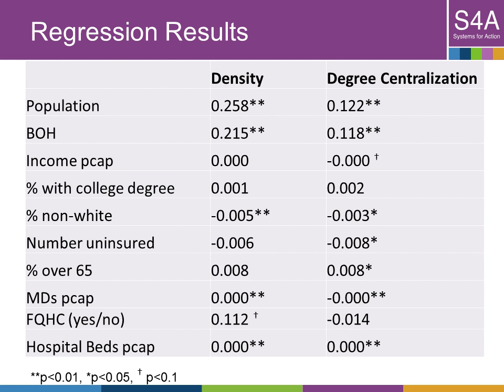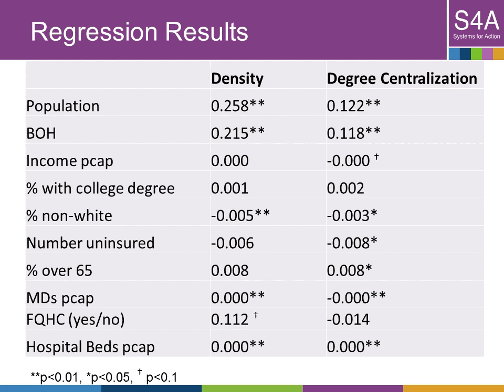We saw that income per capita has very, very small coefficients and was negatively and marginally associated with degree centralization. So as income per capita goes up, centralization, meaning somebody holding control of the bulk of services in the system, goes down. The portion of the population with a college degree wasn't significant for either of the dependent variables.